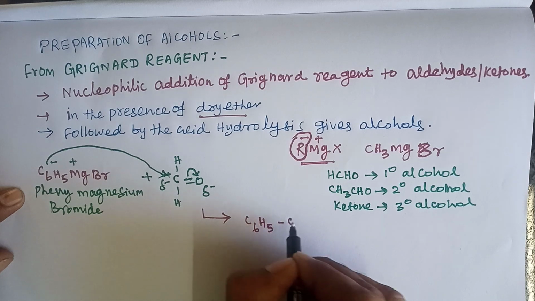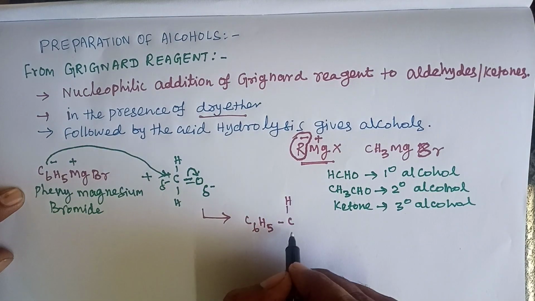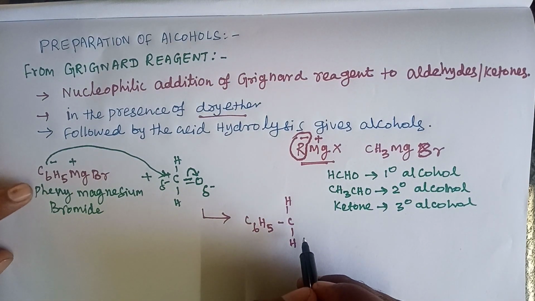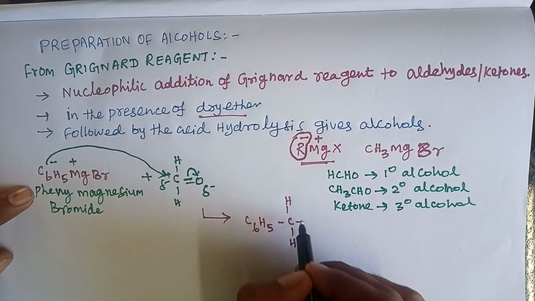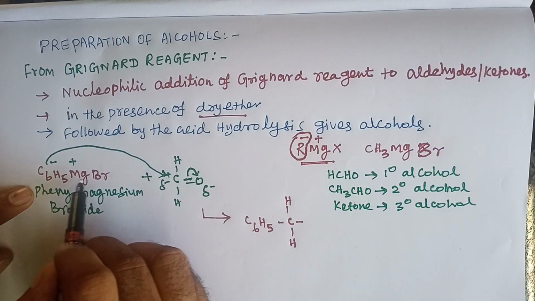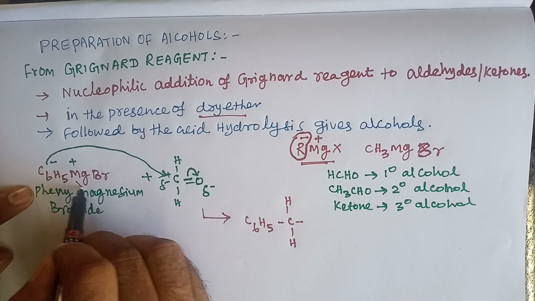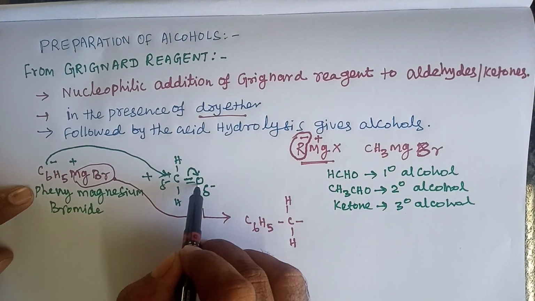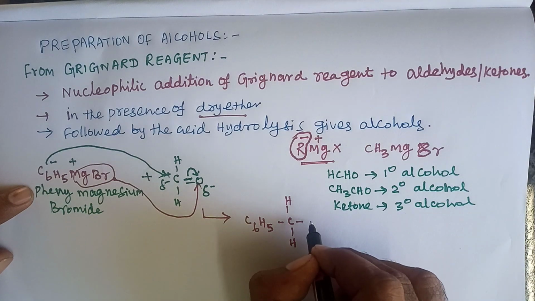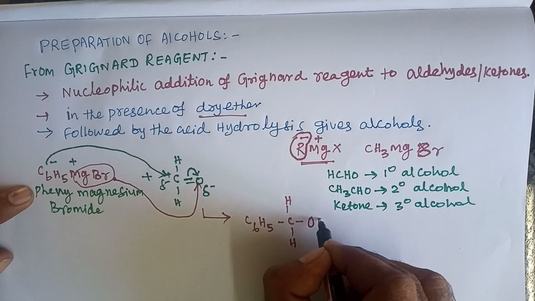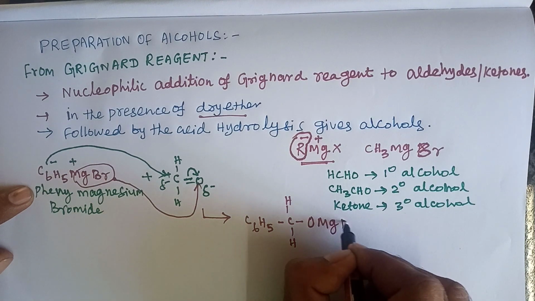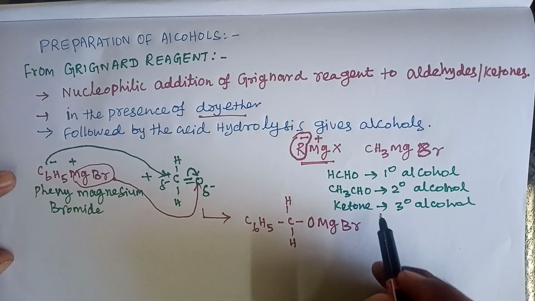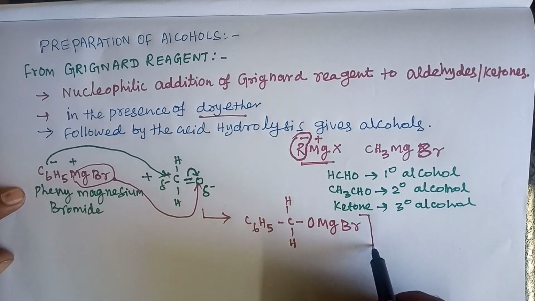It gives the addition product like this: C6H5CH2, here H, and this MgBr is attached to this oxygen, so we get OMgBr. This is an unstable compound.